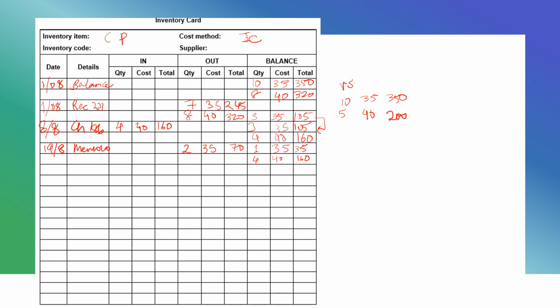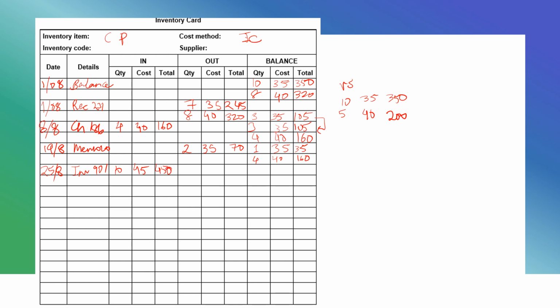Okay, so we've got 25th. And you purchase 10 at 45, 450.